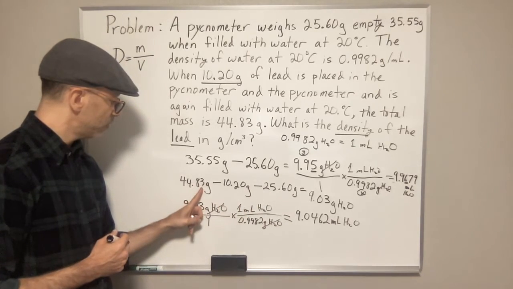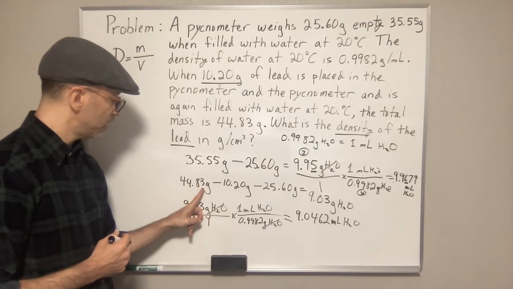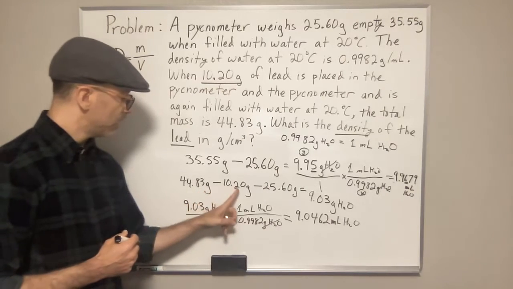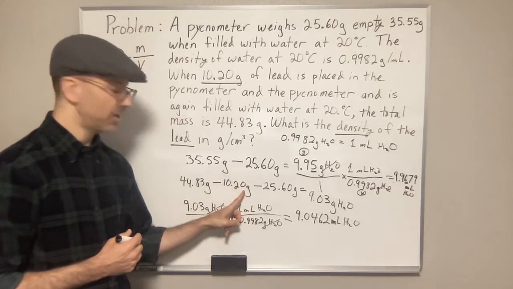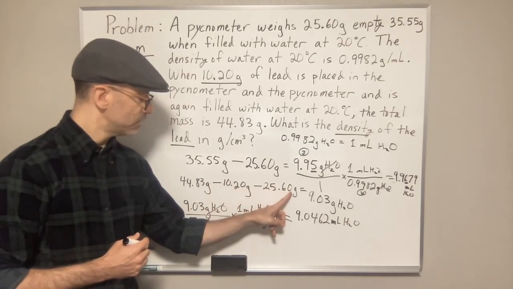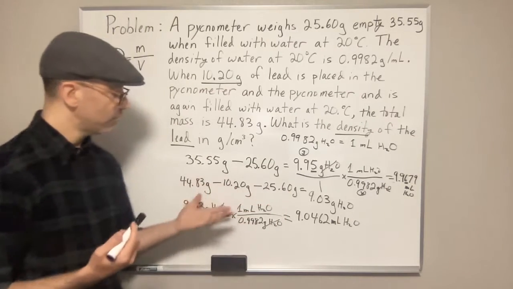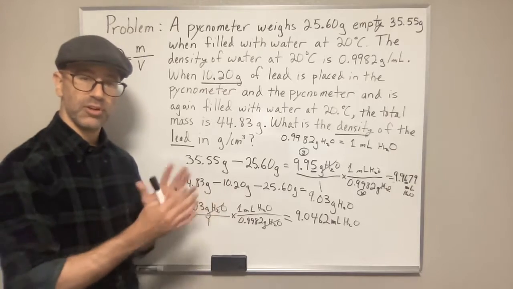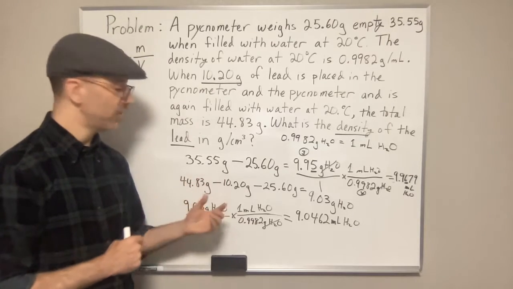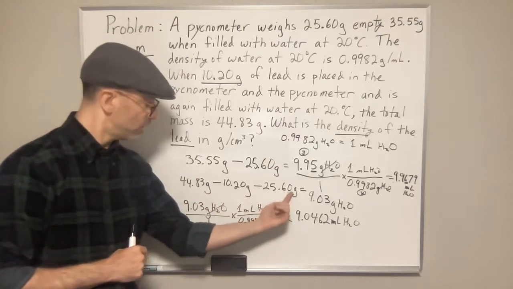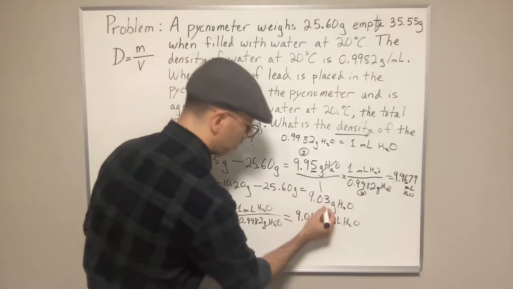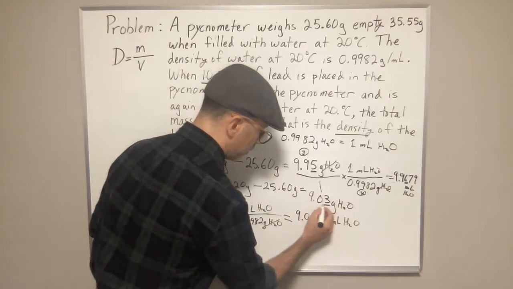The last digit here is in the hundredths place, the last digit here is in the hundredths place, and the last digit is in the hundredths place. So that means the least number of decimal places is 2, or the hundredths place. So I'm going to underline this to let me know.